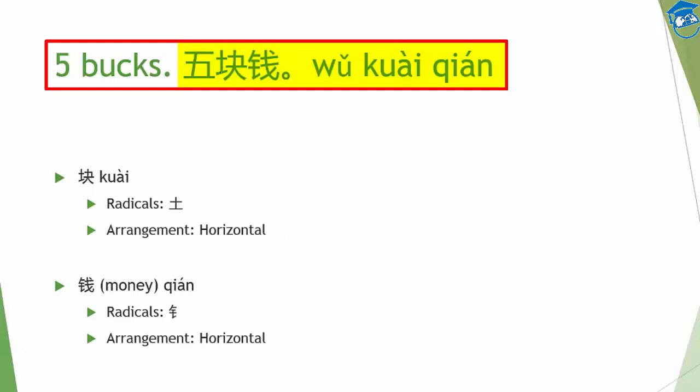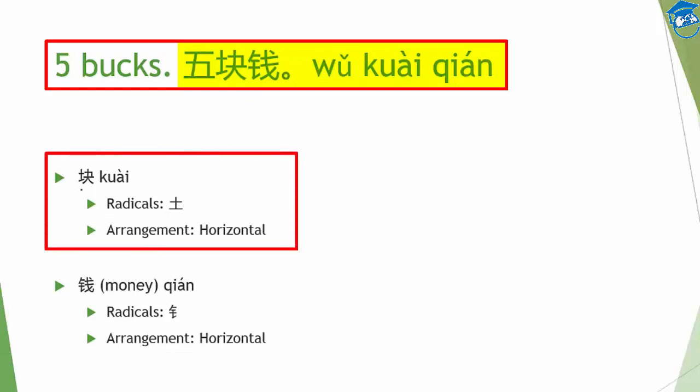So here are the 2 new words here, because previously you have learned 5 in Chinese. It is 5. So quai is a quantifier here, but I won't go deeper for now. You'll learn more in the next lesson. For now, you just know that when you say $5, you just have to say 5块钱. Okay?